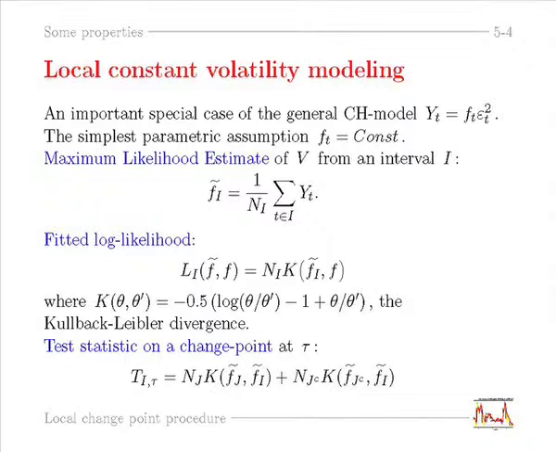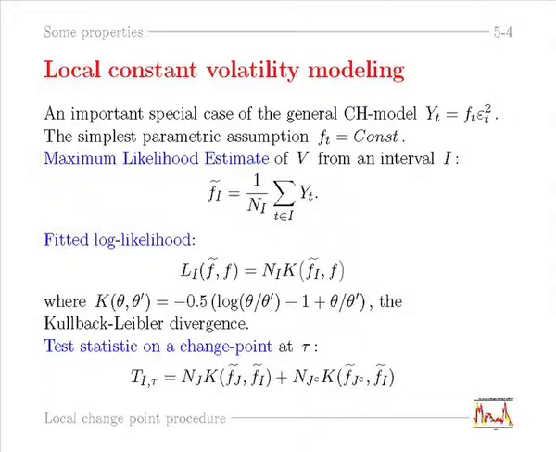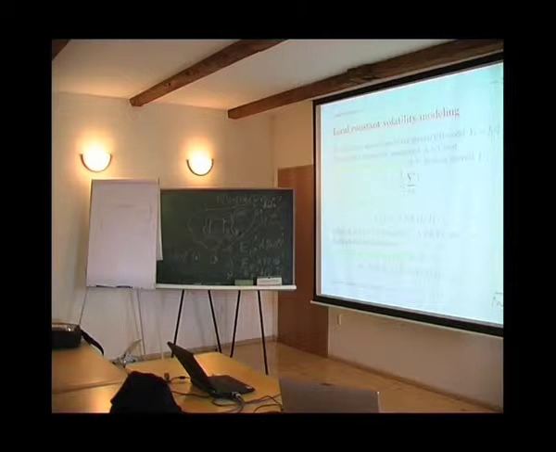Y is squared returns. And the fitted likelihood can be written as n times Kullback. And therefore, there is a very compact representation for the test statistic. So you remember, it is a likelihood ratio test statistic, and here it can be computed by two arithmetic operations.